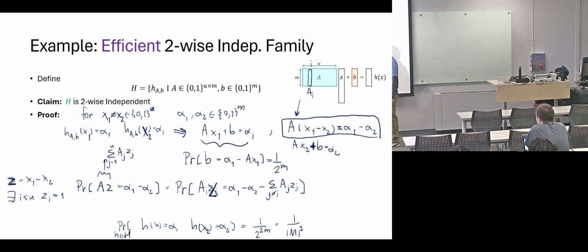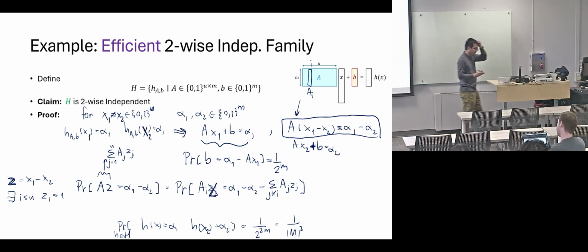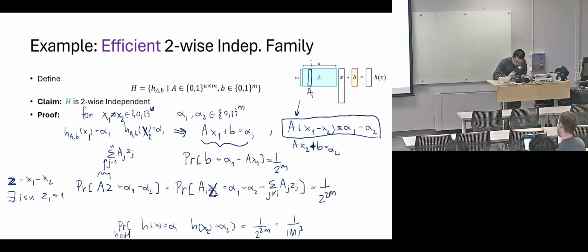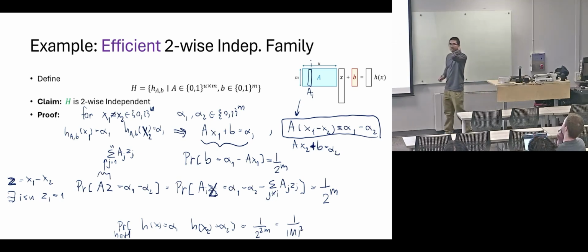So now it asks what is the probability that this column A_i, which is just a random vector of dimension m, agrees completely with this. Each bit agrees with probability 1/2, so this is again 1/2 to the m.